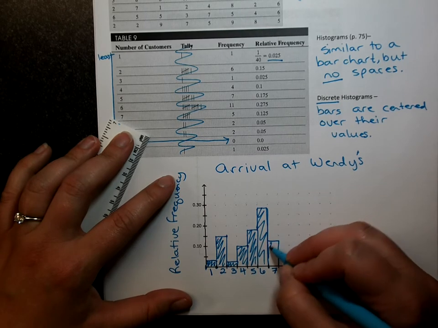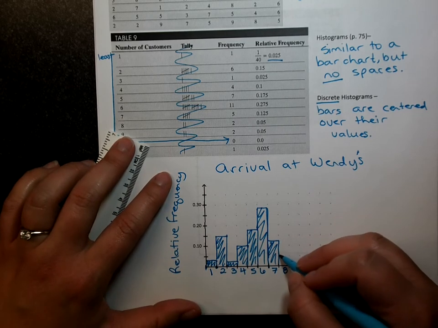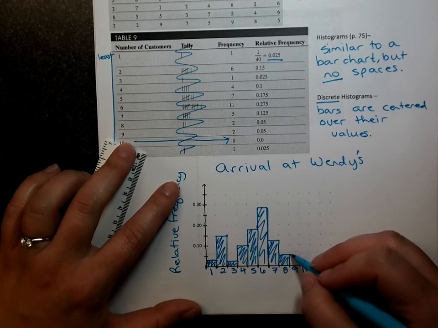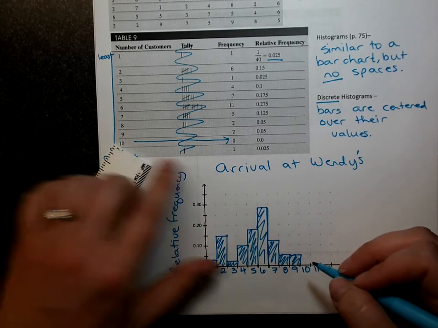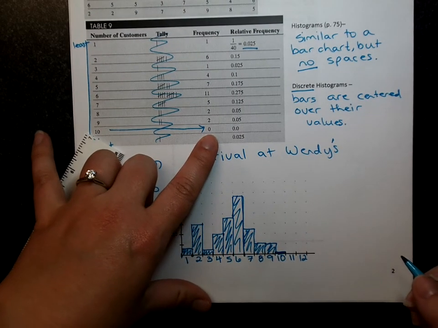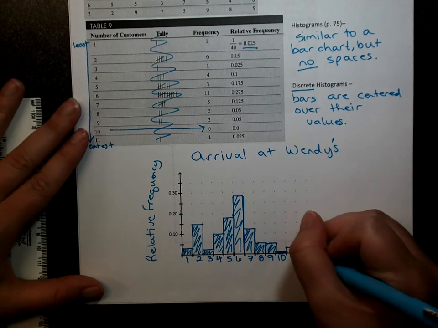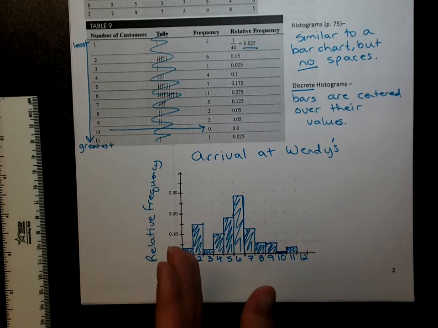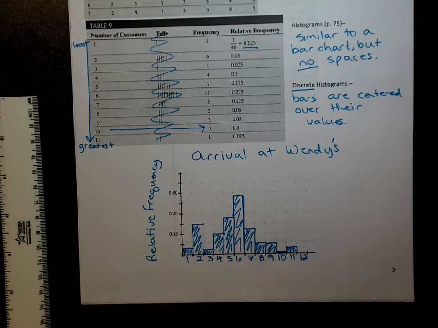About there. For 8, 0.05. For 9, we had 0.05 as well. For 10, we had 0, so we're just going to kind of draw a flat line there to show that space. And for 11, we had 0.025. So very similar to a bar chart, but you squish all your bars together and each output is directly under its bars.